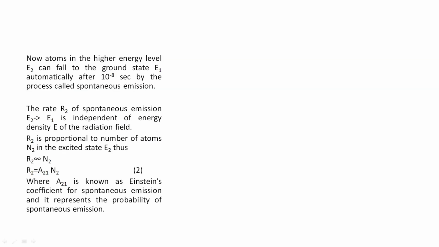Now atoms in the upper state, in the higher energy level E2, can fall to the ground state E1 automatically on their own after 10 to the minus 8 seconds. That is spontaneous emission, that is, on its own. So after 10 to the minus 8 seconds, the electrons will de-excite to the ground state.